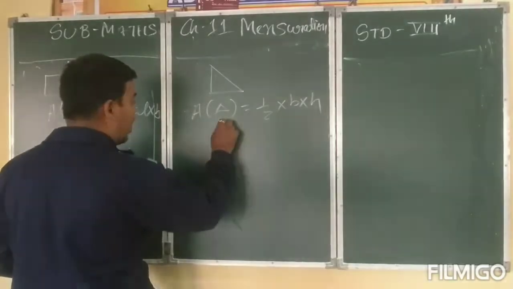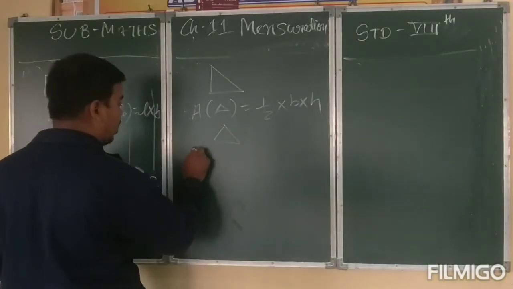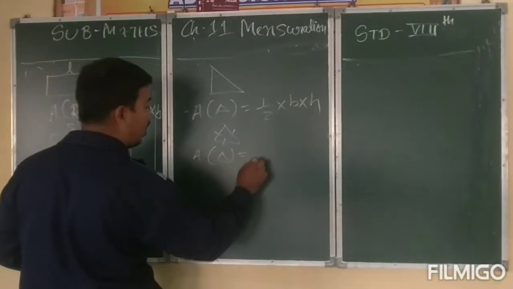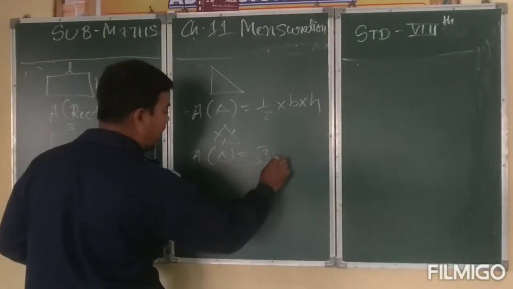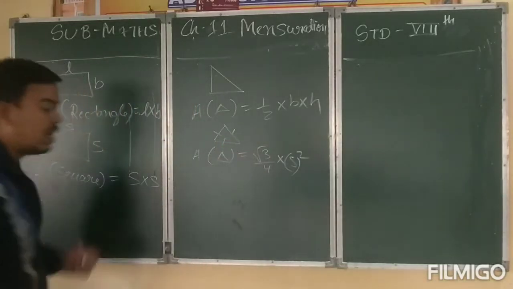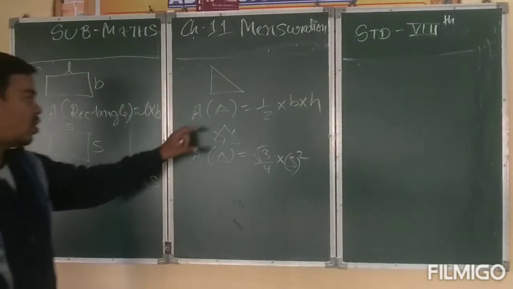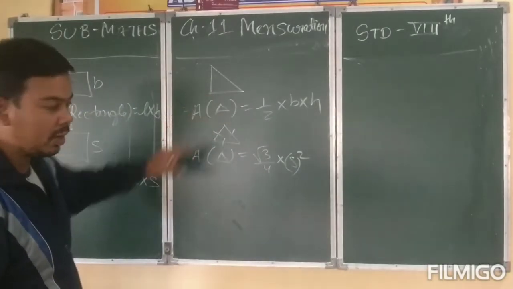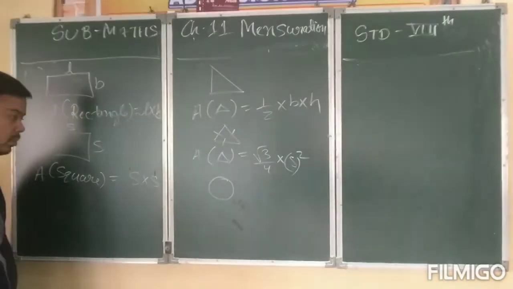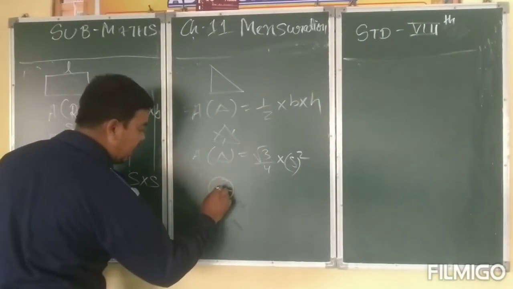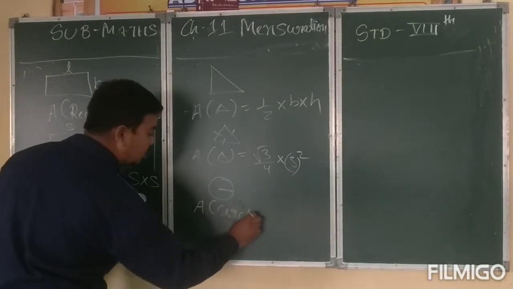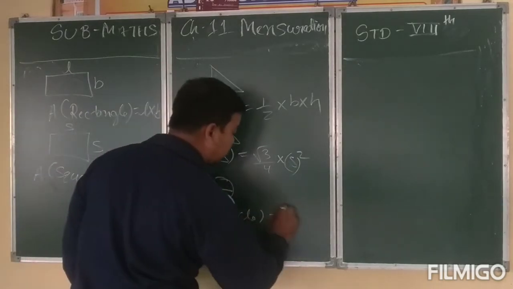Or suppose it is an equilateral triangle, then the area is root 3 upon 4 into side square. Next is the circle. Radius is there, so the area of a circle is pi r square.